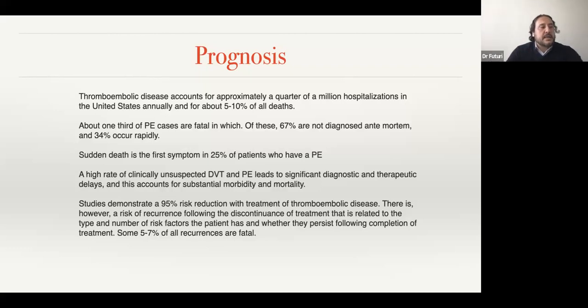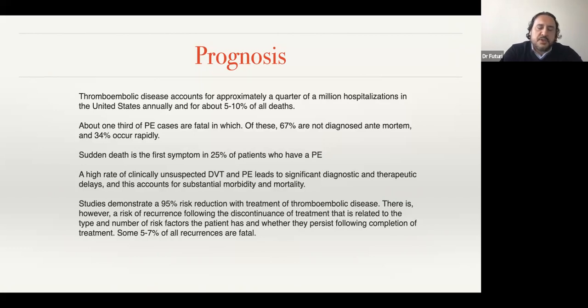And there is a high rate of clinically unsuspected DVT and PE that can lead to significant diagnostic and therapeutic delays. We'll later go over some of the differential diagnosis of patients presenting with symptoms such as chest pain and dyspnea. And the important part of this is making a very quick diagnosis in order to begin treatment rapidly, given patients can deteriorate quite quickly.